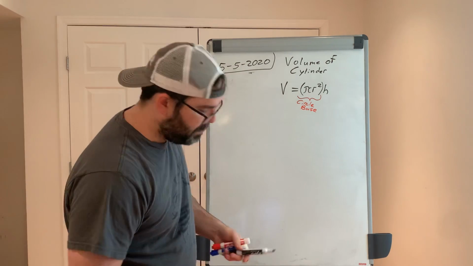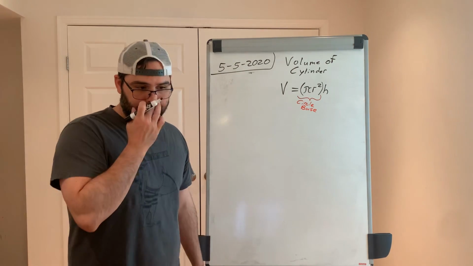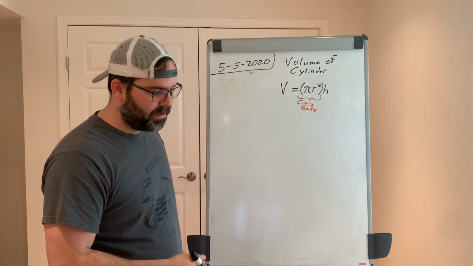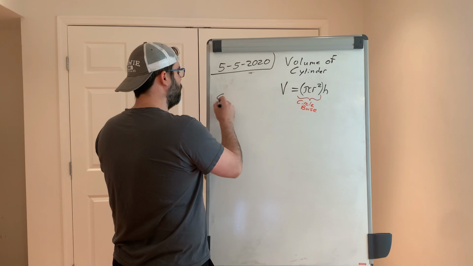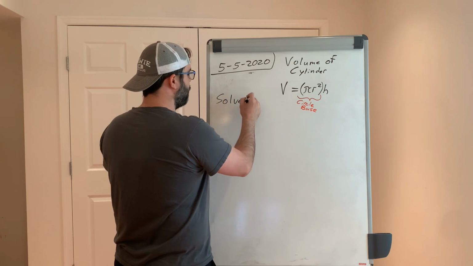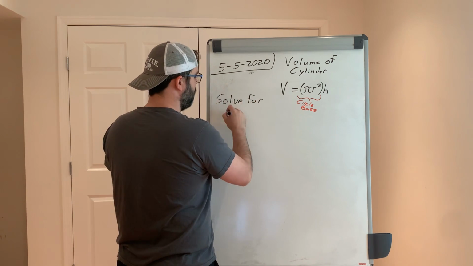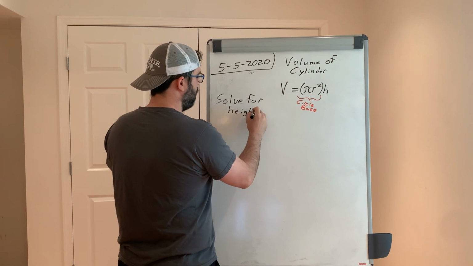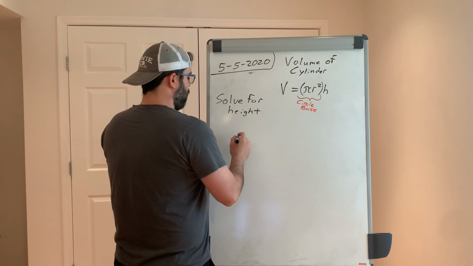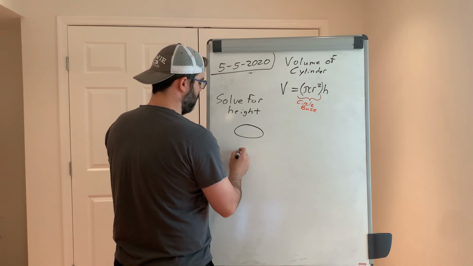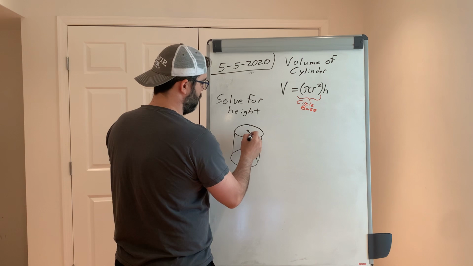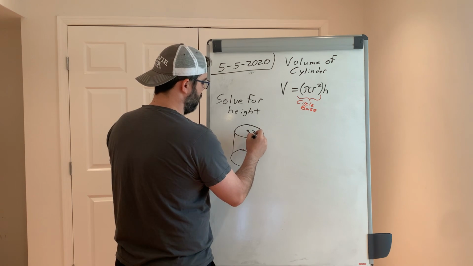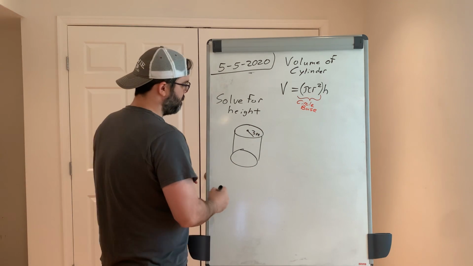Okay, so for those problems, we were solving for volume. Let's look at a problem where it's asked us to solve for something else. What if we're solving for height? So the radius will be 3 feet.